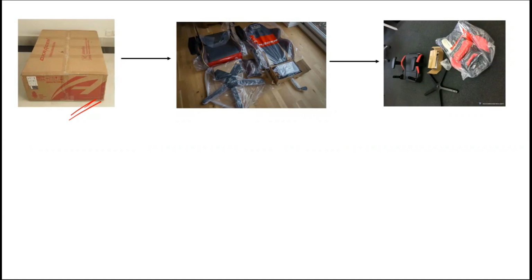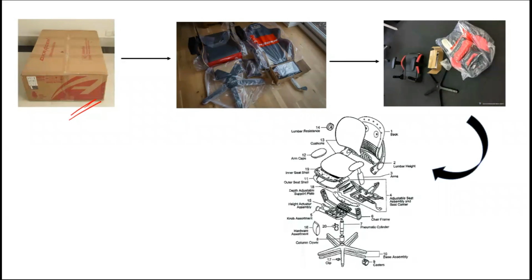To make it easy, the package comes with a manual. This manual states unique numbers for each part. You can see each part is numbered uniquely. Every part of the chair gets a number. Why is this numbering done?